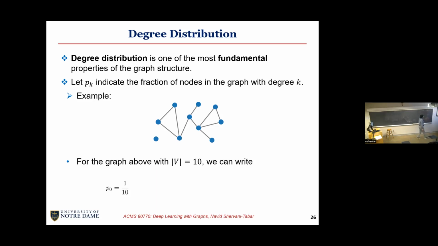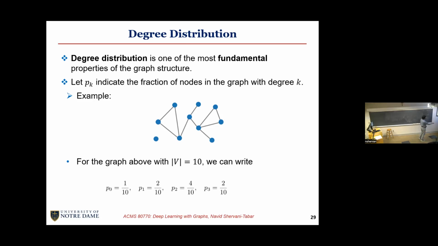Then you're going to look at P1, where I see that we have 2 nodes that only have one neighbor, so degree 1. So it's going to be 2/10. For 2, I see 1, 2, 3, and 4. So it's going to be 4/10. I see 2 nodes that have degree 3.